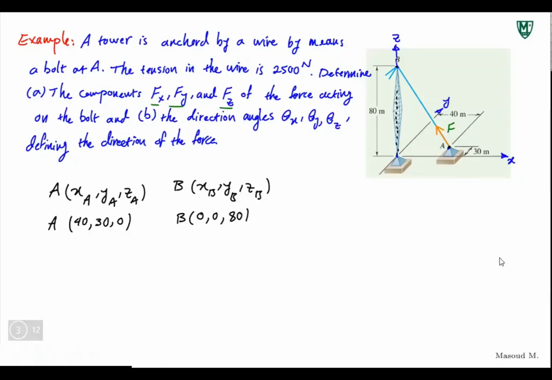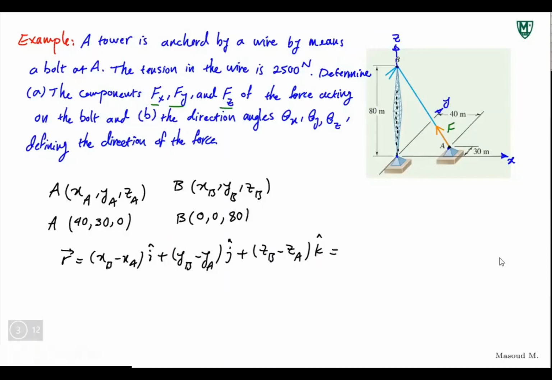So this is the value for A, this is the value for B. Knowing these 2 points, we can write the vector from A to B. Remember we said it's (xB minus xA)i plus (yB minus yA)j plus (zB minus zA)k.